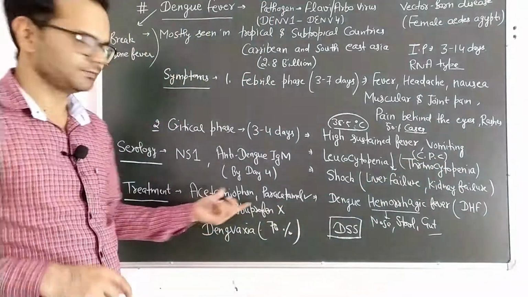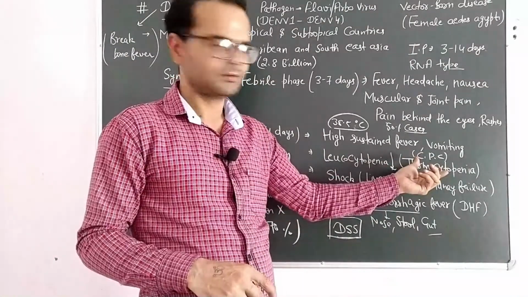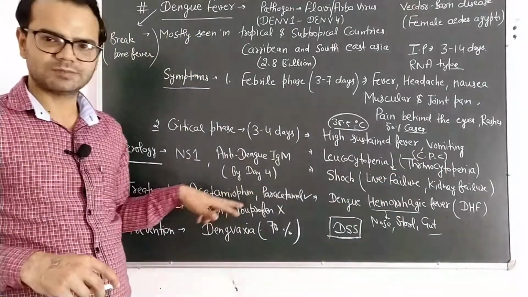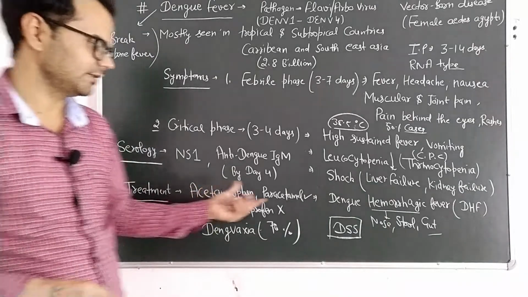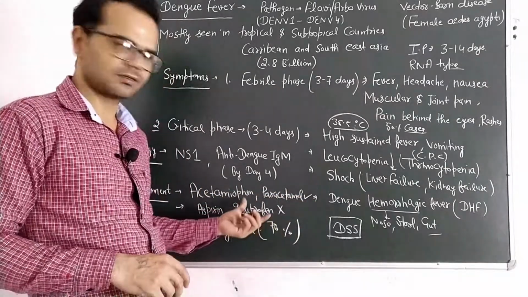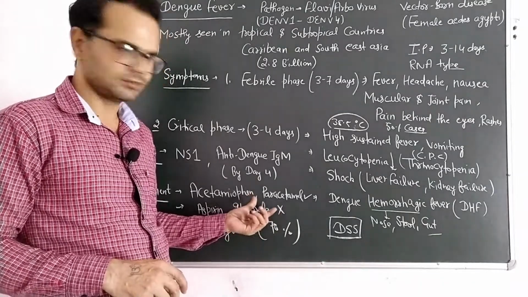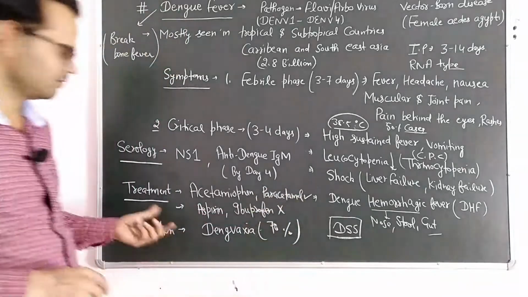So both these will favor a further decrease in platelet count. So these two drugs must be avoided. You can use acetaminophen and paracetamol, but these steroids and these anticoagulant drugs must be avoided.